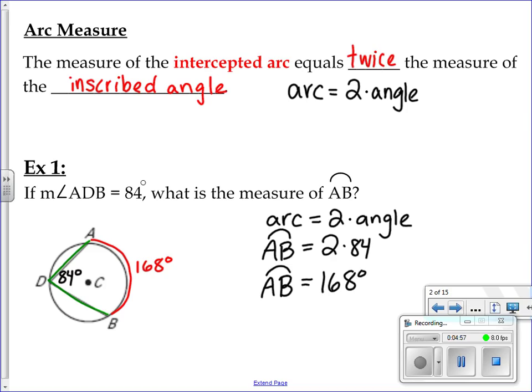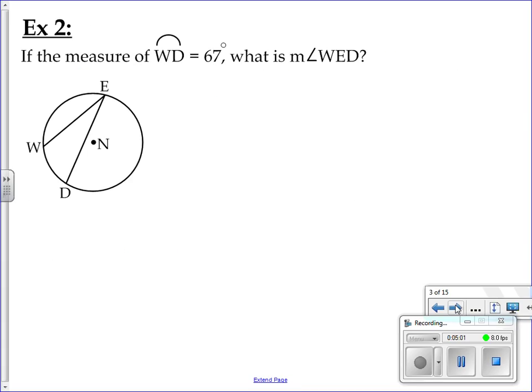Let's take a look at example 2 here. So here I have another inscribed angle, angle WED. We are given the measure of arc WD this time. This is 67 degrees. Knowing that, we're going to find the measure of angle WED.